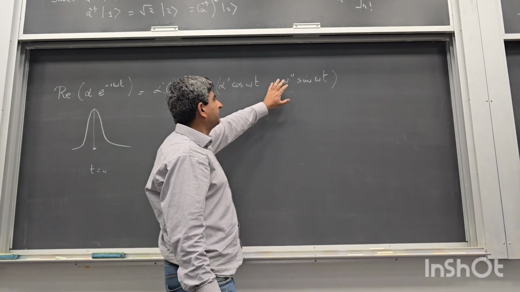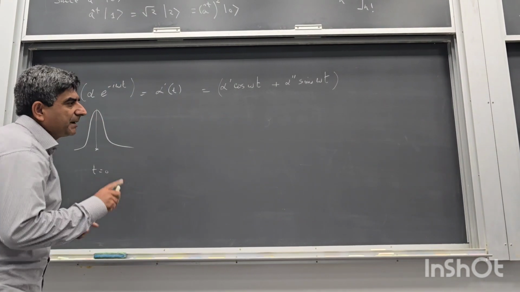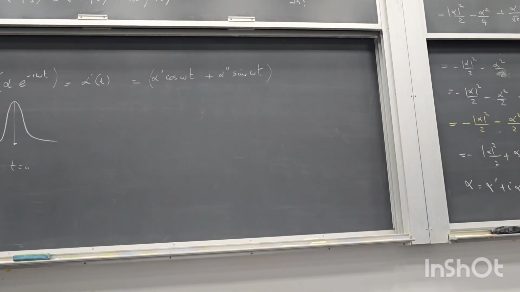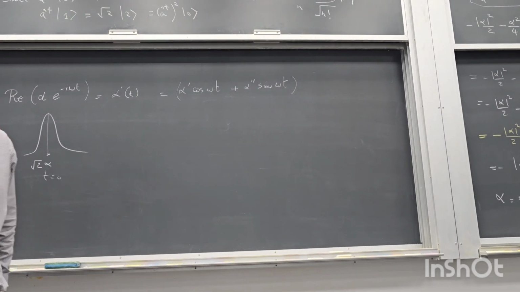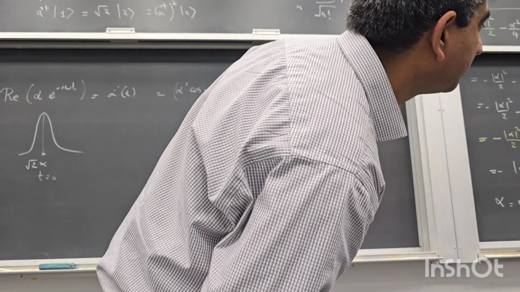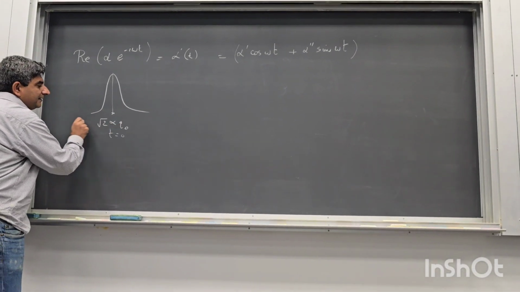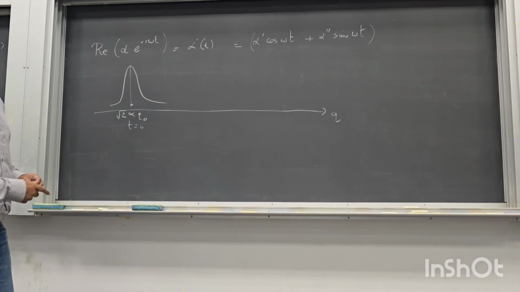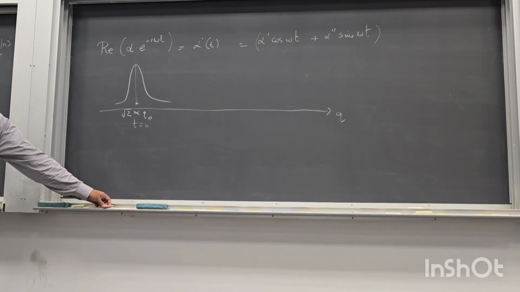So alpha is real, alpha double prime is 0 anyway. So at time t equals 0, my position is under root 2 alpha q naught. This is my position on the q axis for the coherent wave function.